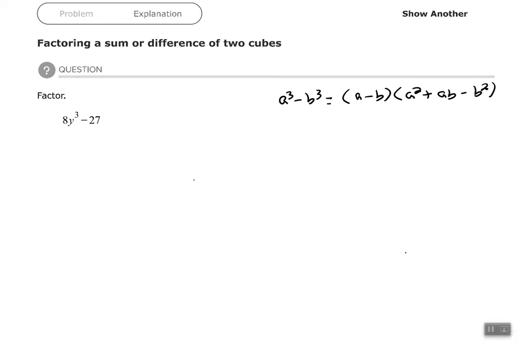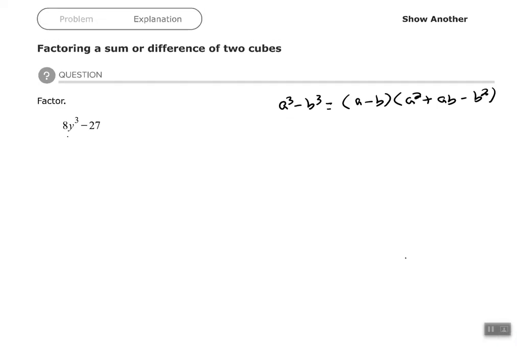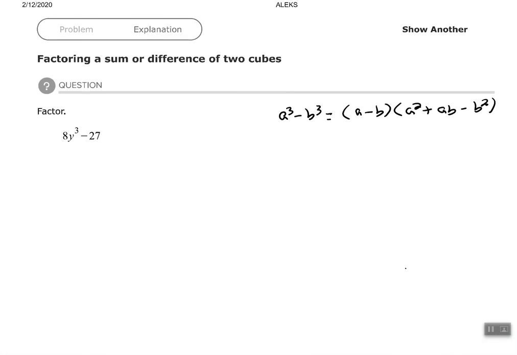All right. So what we need to do is find the cube root of 8y to the third and 27. And again, you may want to pause the video and try this one for yourself. Alrighty. So the cube root of 8 is 2, so that's 2y. And the cube root of 27 is 3.